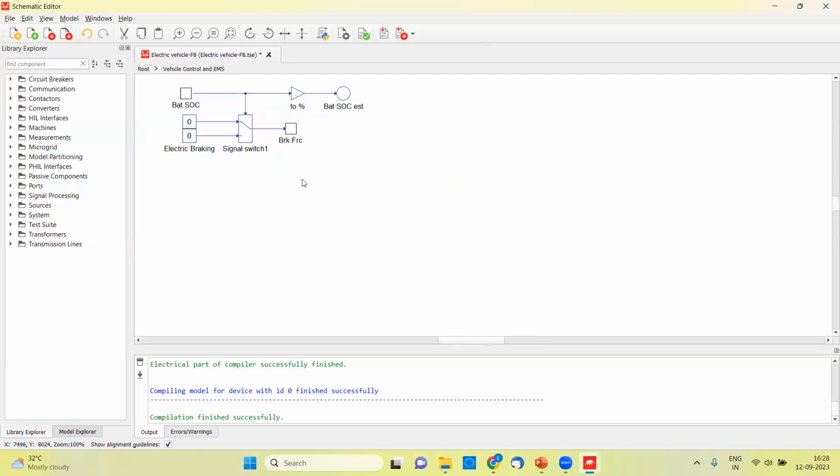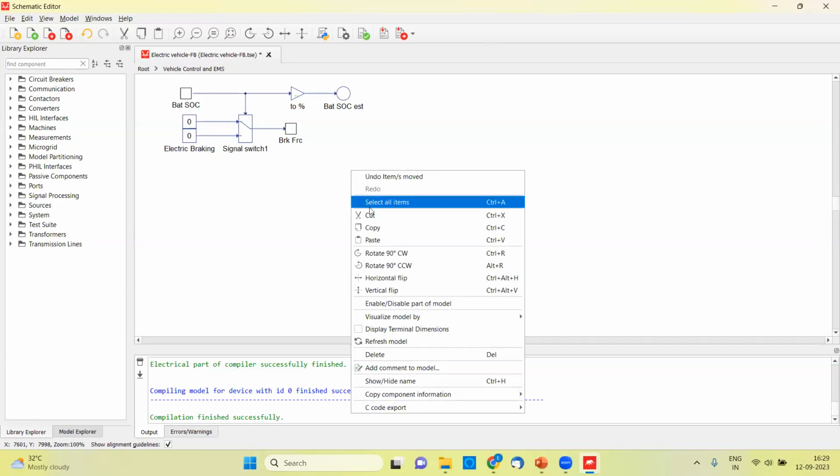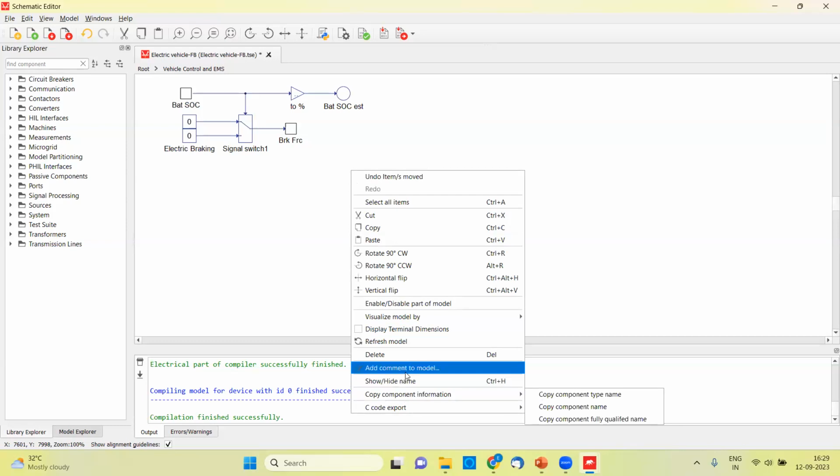So before going into the detail of the drive cycle, I hope you are aware of how a controller is designed. I think I discussed it earlier also. I'm going to use one comment over here. Add comment.